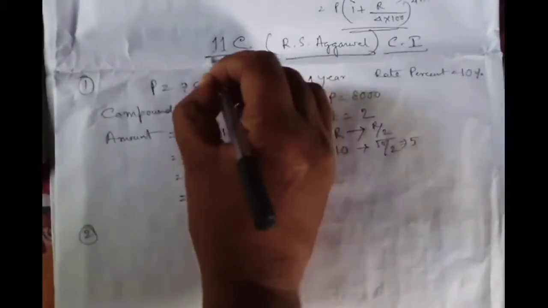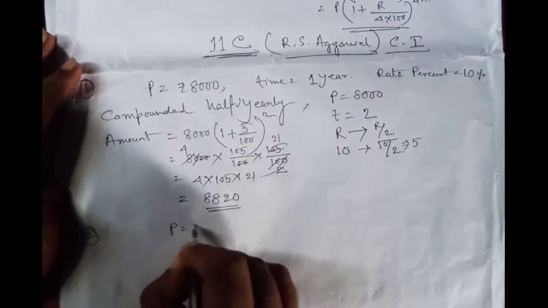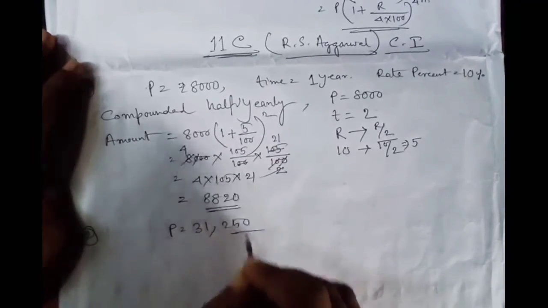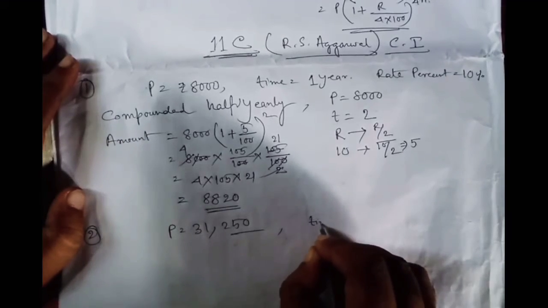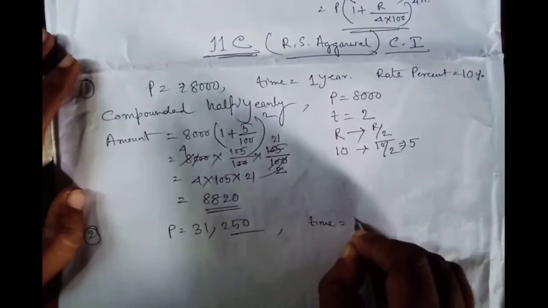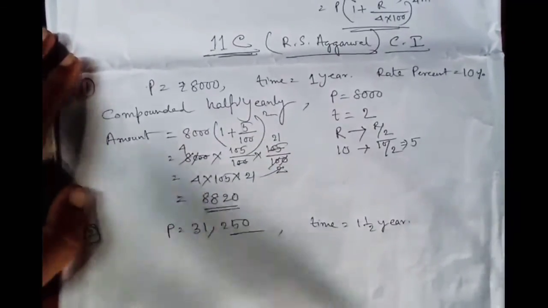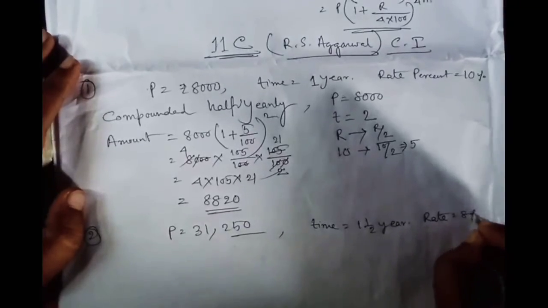I am following exercise 11C. So in question number 2, the principal value is given, 31,250. This is the principal value, and time is equal to 1.5 year, and rate percent 8%.